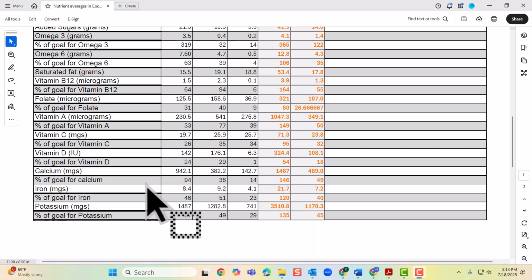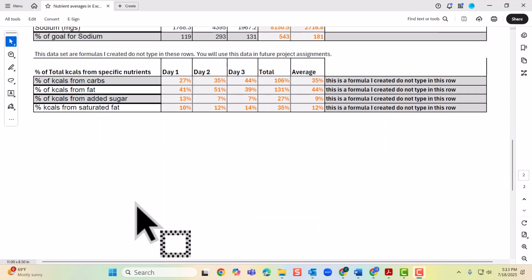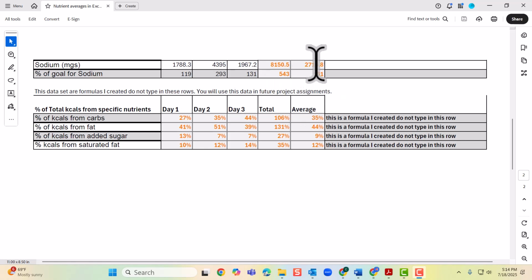For some of them I will ask specifically how many milligrams of sodium, for example, did you average and what percent of goal were you at for that nutrient? We know sodium is an important nutrient, critical for your heart. It's an electrolyte. It's important for muscle contractions, nerve impulses, so it plays a lot of roles in the body, but we don't want too much. So I do ask for the average and the average percent of goal.